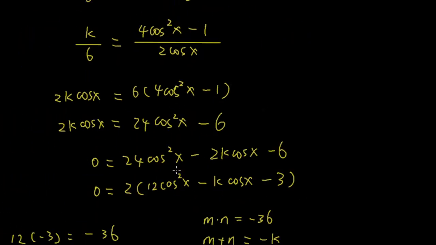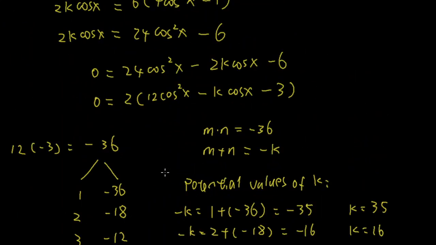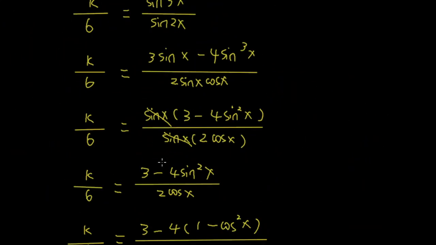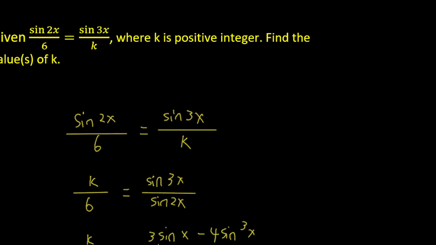Okay, so the first pair, 1 and negative 36. Now, since we know that there's a leading coefficient in the front, we have to do this. Let's draw a chart here. The top will be negative 36.